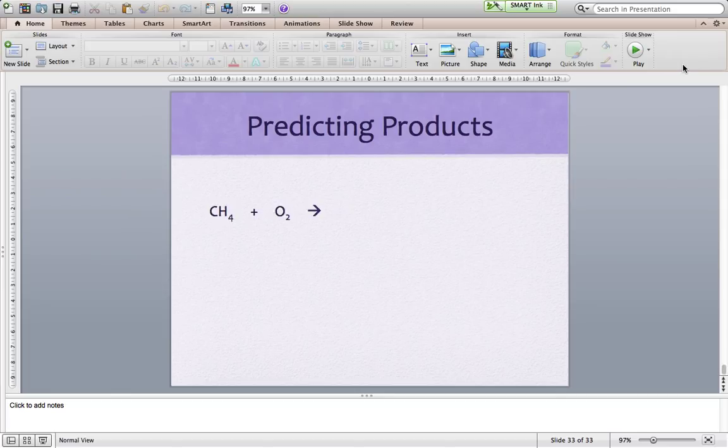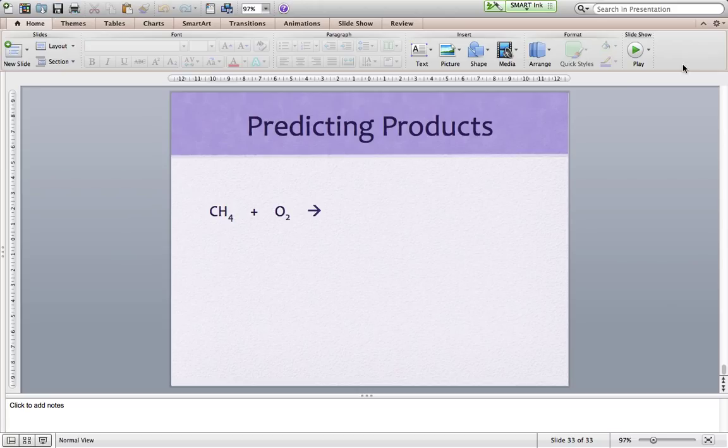Our last type of reaction that we're going to go through an example for is hydrocarbon combustion. Now, we've talked about combustion reactions. Combustion reaction is anything plus oxygen. So that's what we're looking for as a reactant here. Anytime we see, oh, here's oxygen as a reactant, that's going to be a combustion reaction.